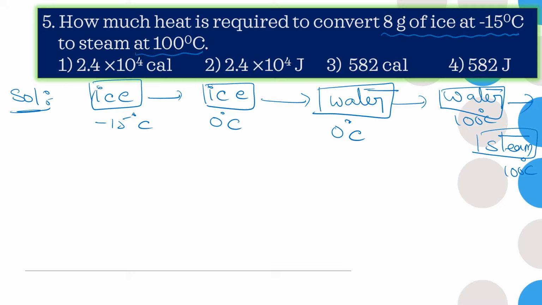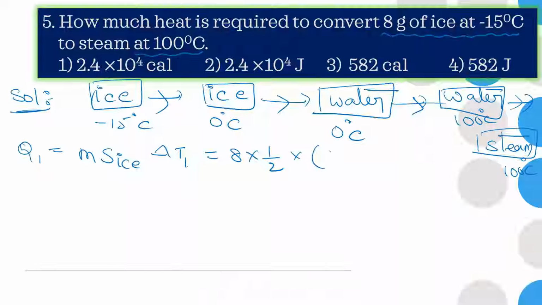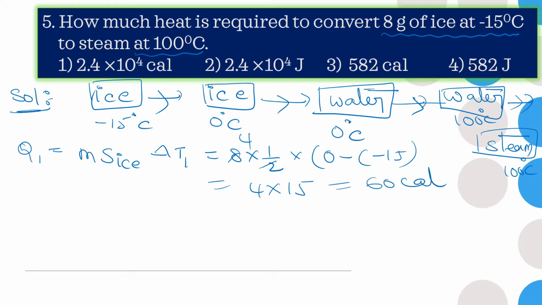Okay, now Q1 is equal to m s_ice ΔT1, that is equal to 8 into half into (0 minus of minus 15), that is equal to 4 into 15, which is 60 calorie.